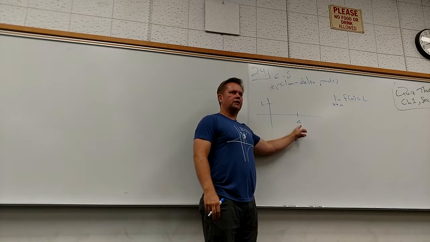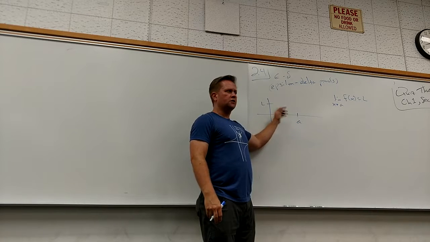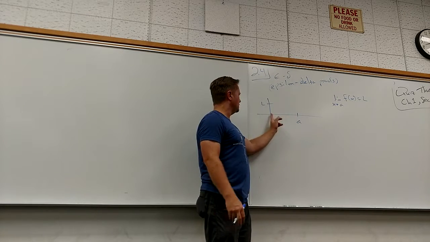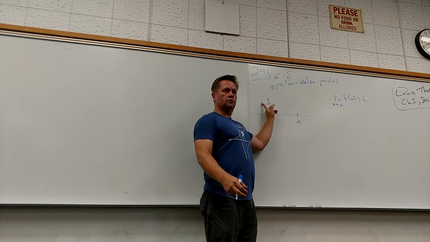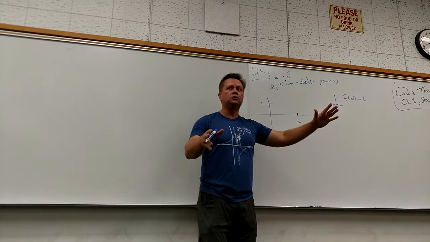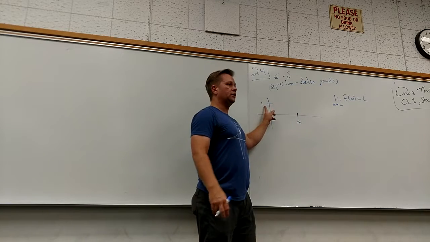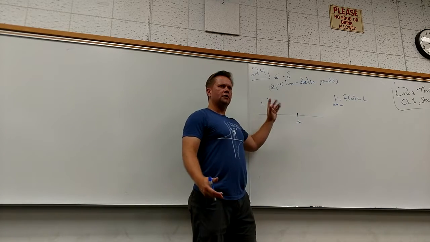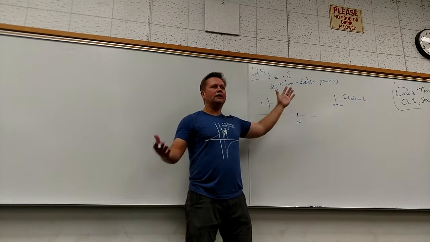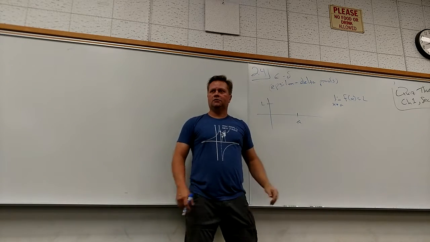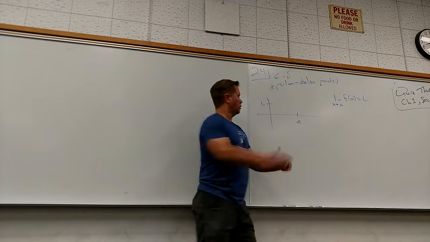The outputs have to get, not small, it's not going to 0, close to L. If they never do, how can this be the limit? Right? So if my function outputs never get close to L, how could L be the limit? There's no way.